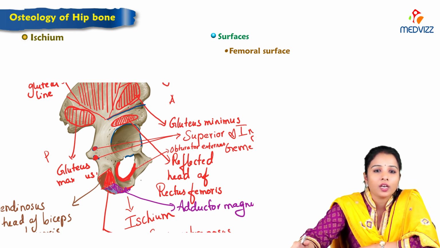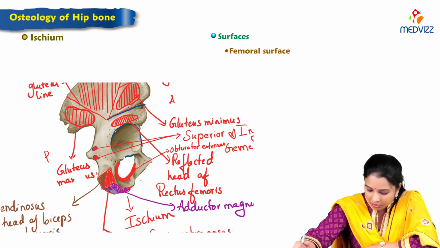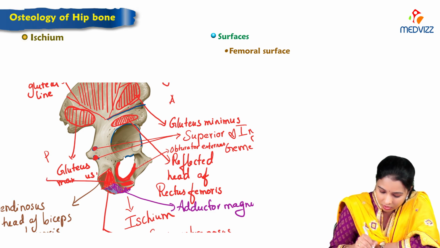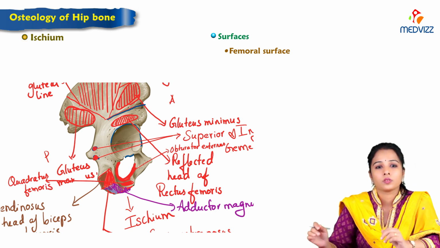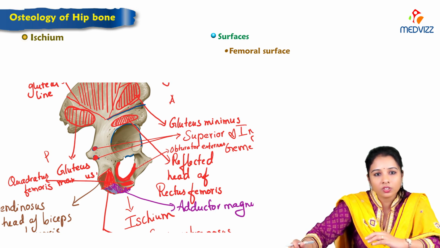Quadratus femoris arises from this femoral surface along the lower border of the ischial tuberosity. So that is on the femoral side, that is the outer surface.